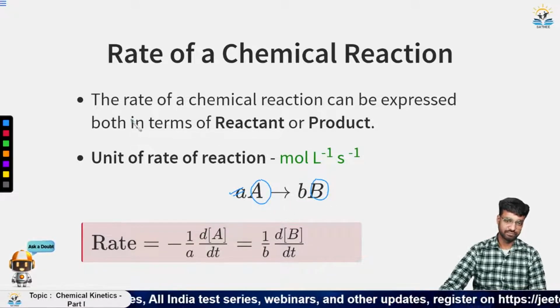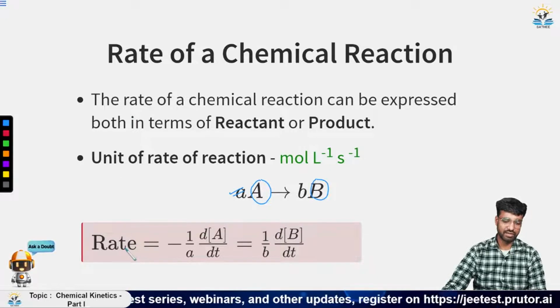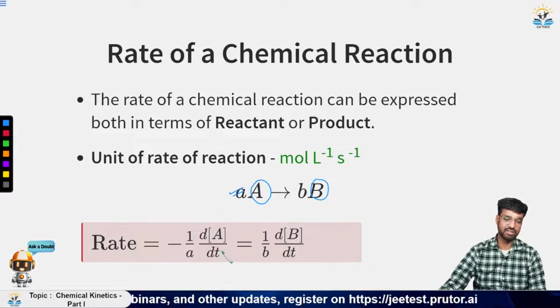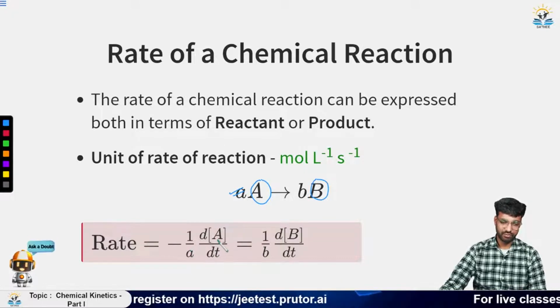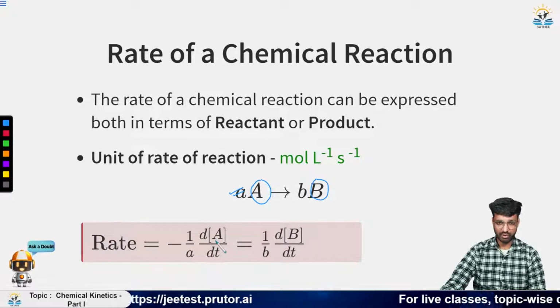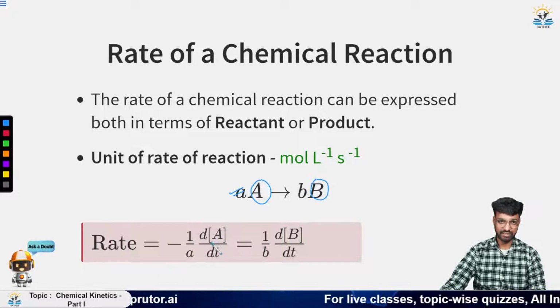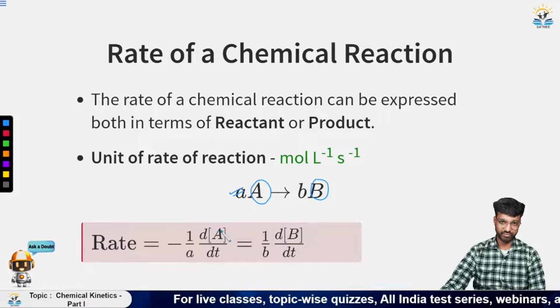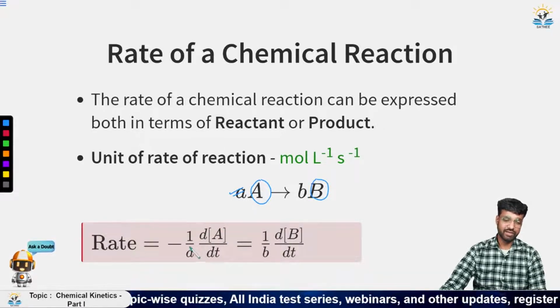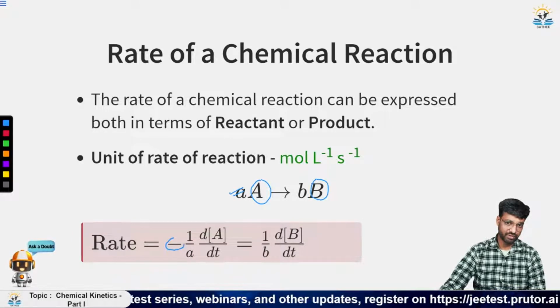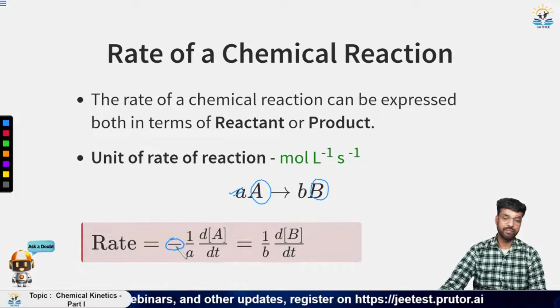Now, if you want to say what is the rate of reaction in terms of the change in concentration with respect to time, suppose the concentration goes from A naught to A t, then the rate can be written as A t minus A naught, that is represented as change in concentration dA divided by dt, and we have put a negative sign for the reactant because rate can never be negative.